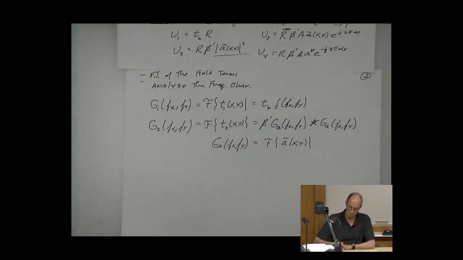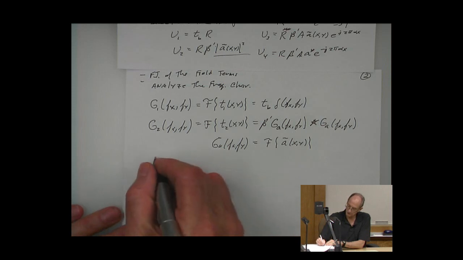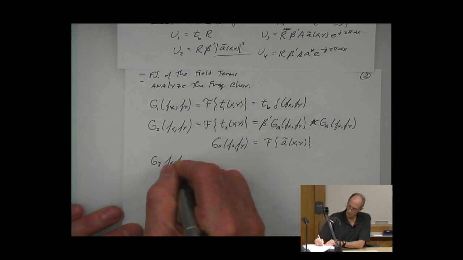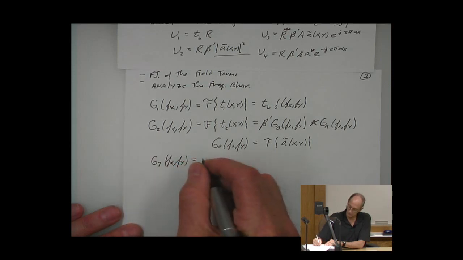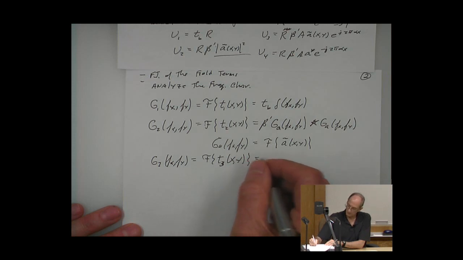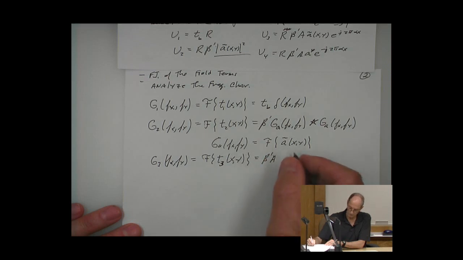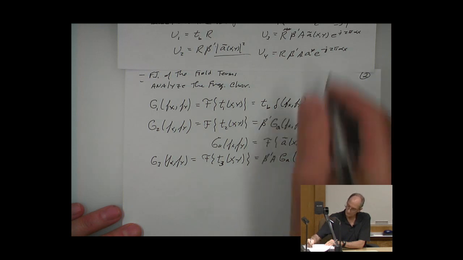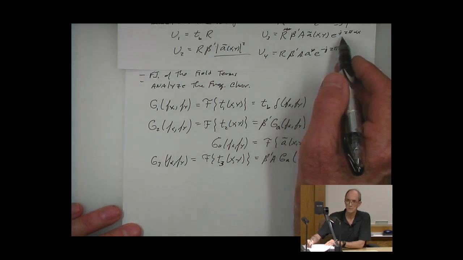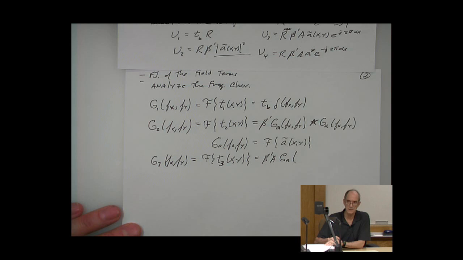Now G3, the third component, G3 of fx, fy, is equal to the Fourier transform of T3, and that's equal to beta prime A, G of A. So we have the Fourier transform of that, but we also have this phase term in there. If you remember our relations, that's going to give us a shift.